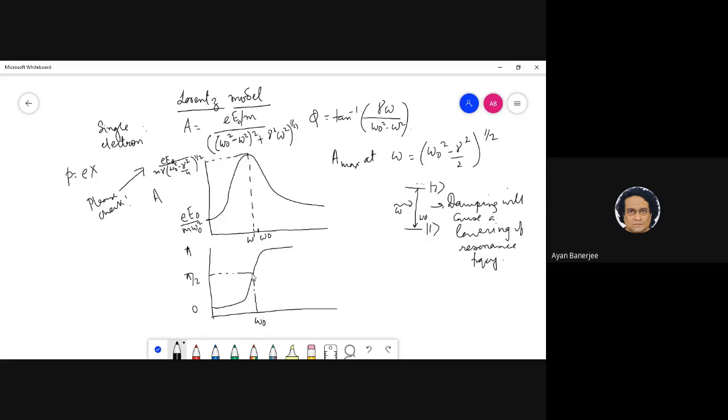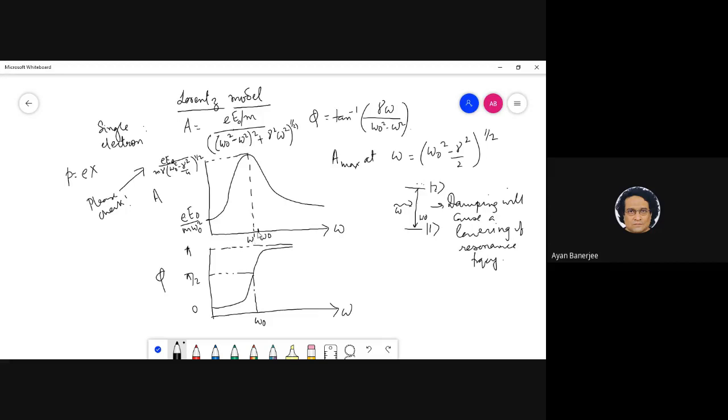Suppose you scan the input frequency, then when the phase difference between the drive and the driven is pi by 2, you know that is the resonance frequency of the system.